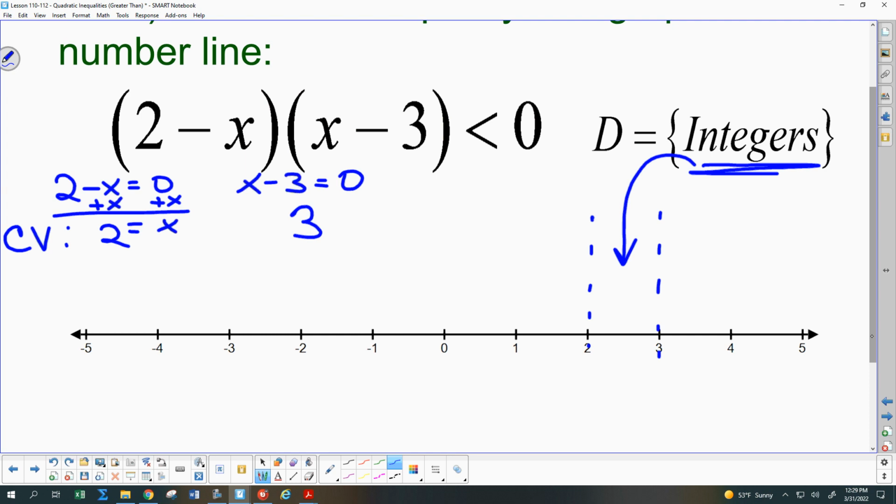If it were reals, I might have to pick something like 2.5 to plug in and see if I'm getting positive or negative factors. But I know there's not anything there to even worry about. It is integers, so it needs to be dots. Will I put any dots on those endpoints? Not on endpoints.